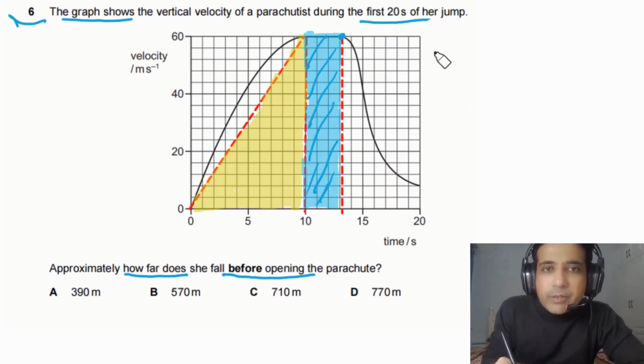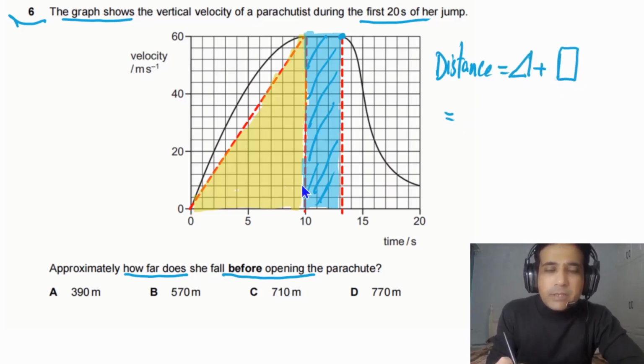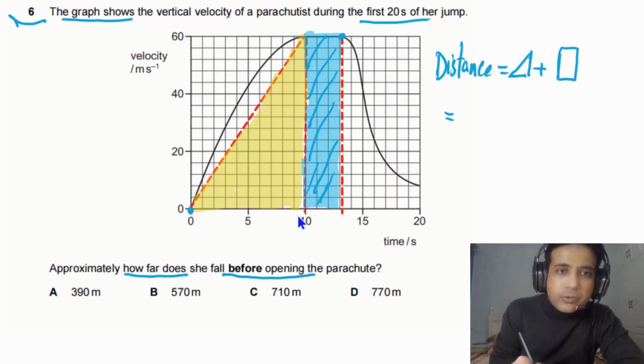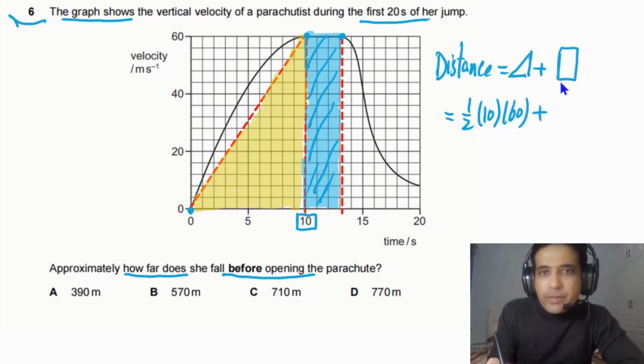In this case, distance will be equal to area of triangle plus area of rectangle. For area of triangle, we have 0 here, and this is 10, and here we have 60. So simply this is 1/2 times 10 times 60, and for area of rectangle, we have 10 here, so this is 11, 12, 13.